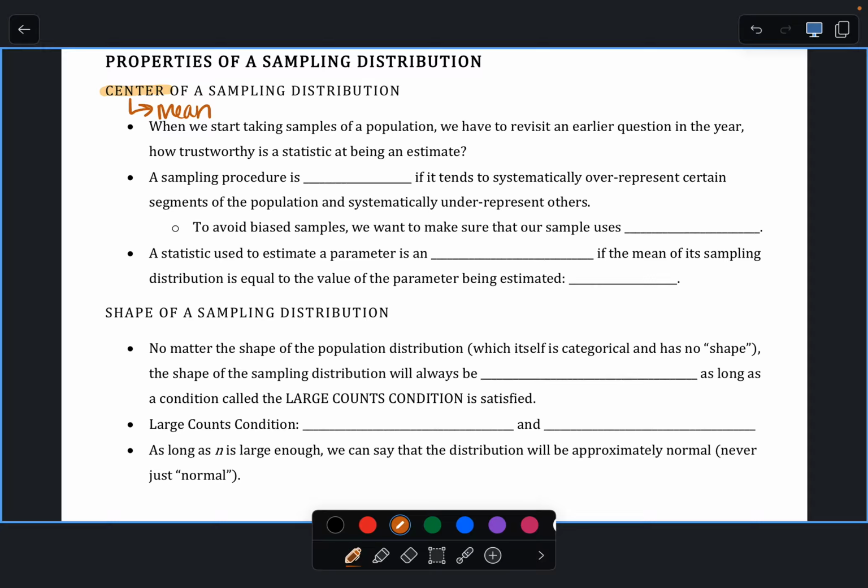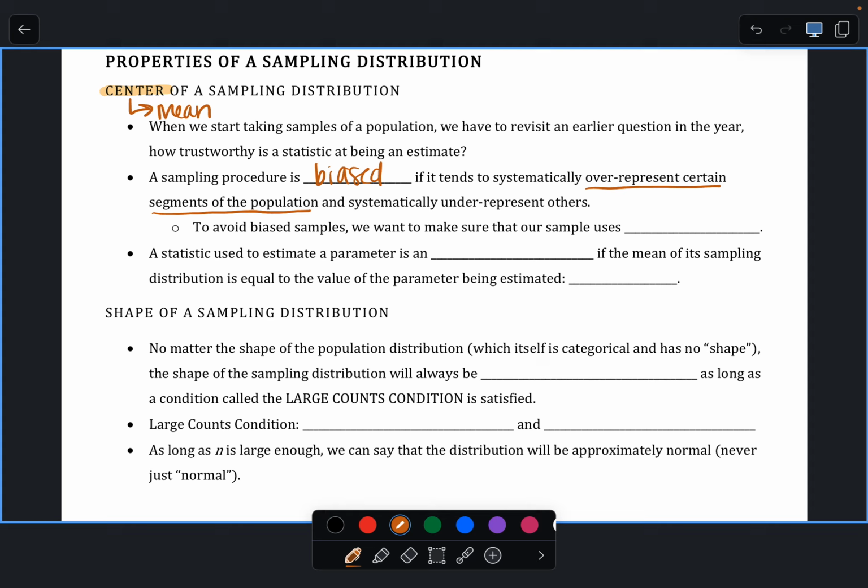Now, when we start taking samples of a population, we have to revisit the earlier question: how trustworthy is it? A sampling procedure that is biased favors a particular group of the population, and because of that, we don't want to use it.